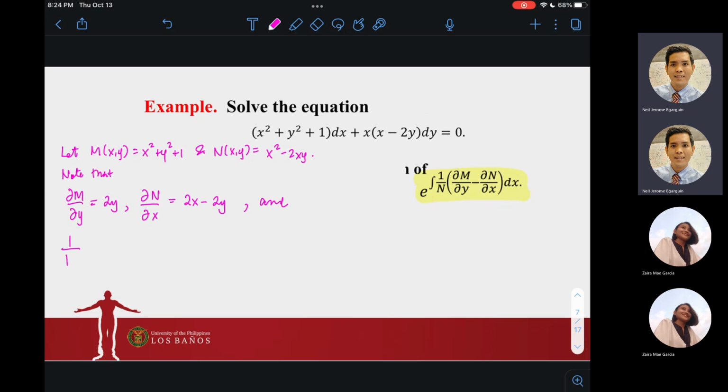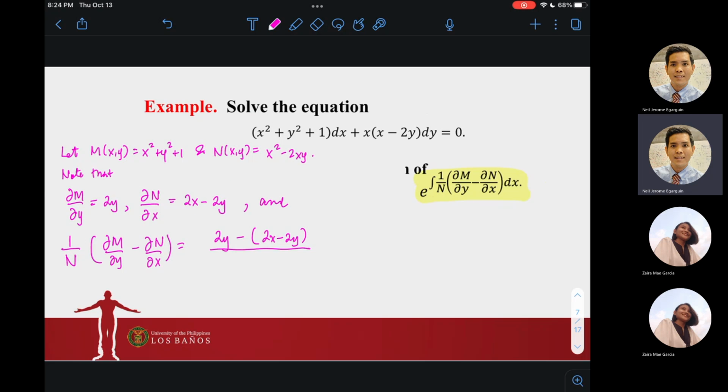So yung 1 over N ng partial ni M with respect to y minus partial ni N with respect to x ay magiging equal sa partial ni M with respect to y, we know it's 2y, minus quantity, partial ni N with respect to x, so that's 2x minus 2y, all over N. Ano si N? Si N ay ito lamang, 2x minus 2y.